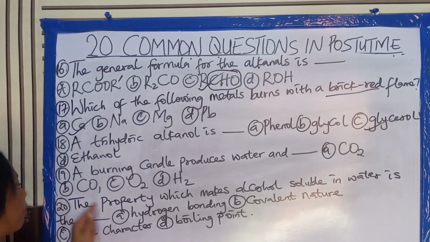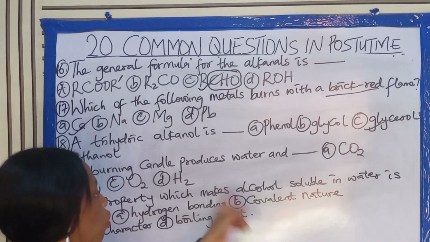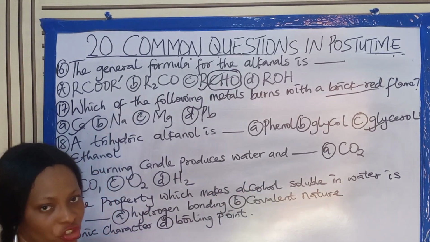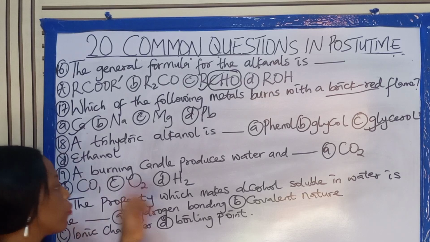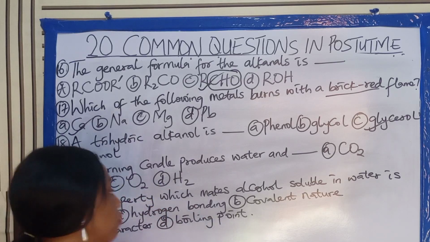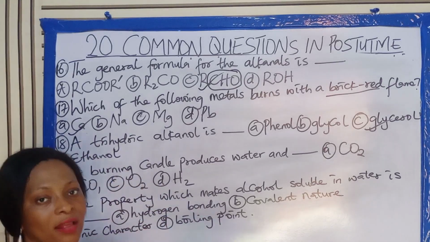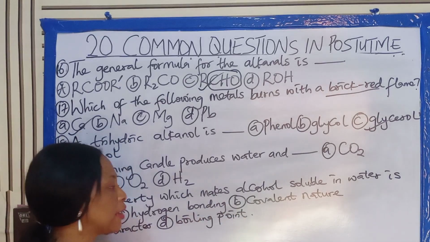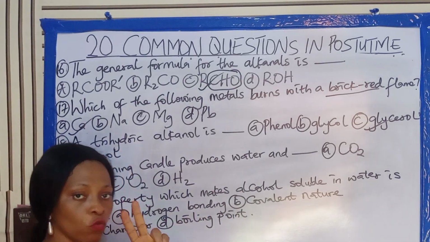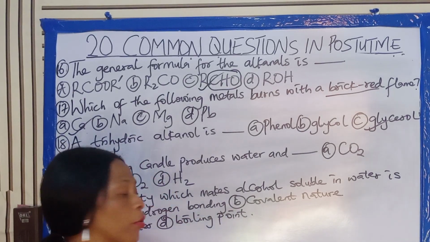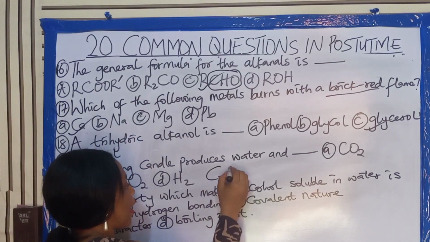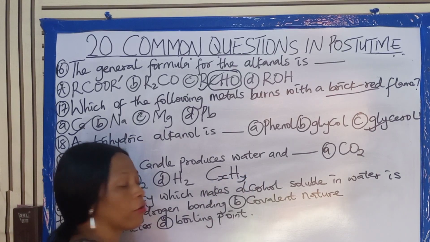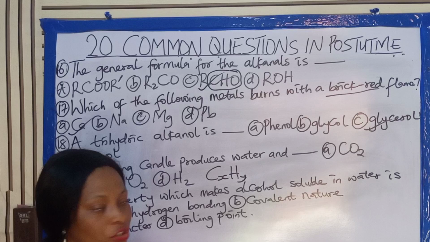A burning candle produces water and what? Now, a candle is what we refer to as a hydrocarbon. And hydrocarbon consists of two components, which are carbon and hydrogen.